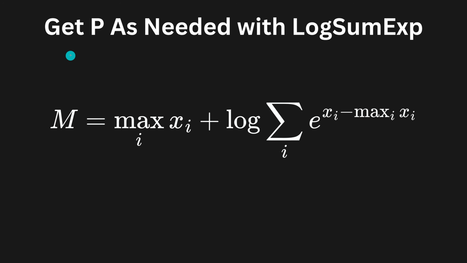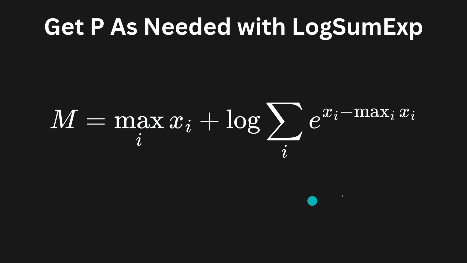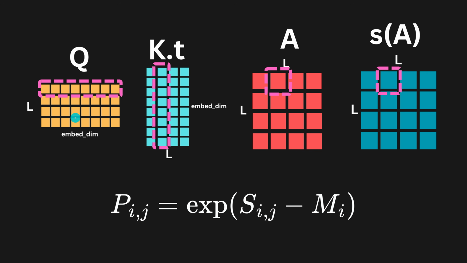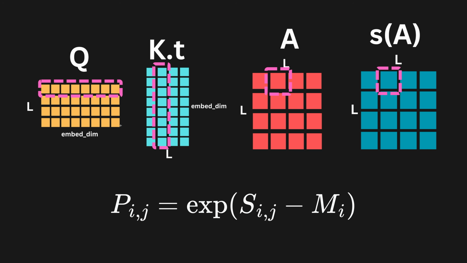So again, remember, how do we get P? That's another big question. Remember, in the forward pass, we stored this thing for the LogSumExp trick. This will allow us to quickly compute probabilities. If I need the probability of this specific element, I know that that's going to be e to the power of this value minus the LogSumExp of this row.